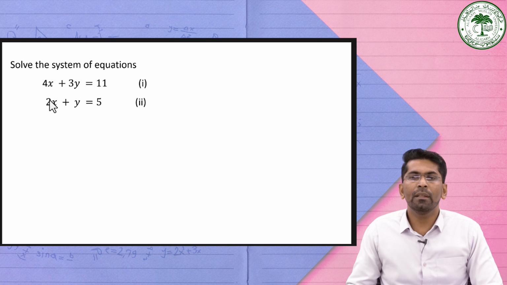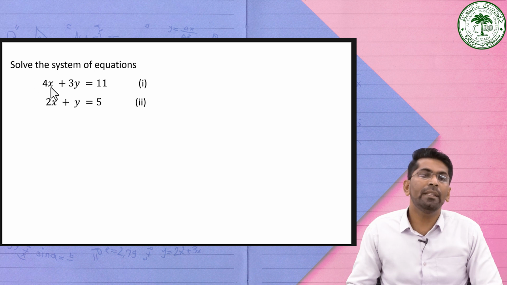Now let us see the coefficient of x. In equation number 1, the coefficient of x is 4 and the coefficient of x in the second equation is 2. If these numbers had turned out to be exactly the same, then we could have eliminated the variable x by subtracting one equation from the other.